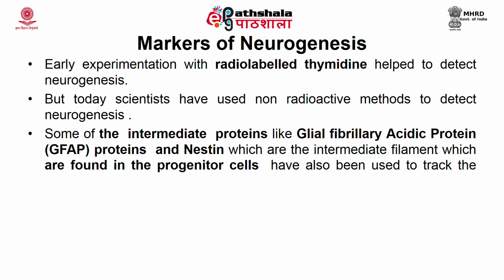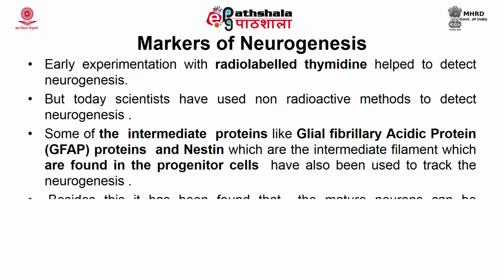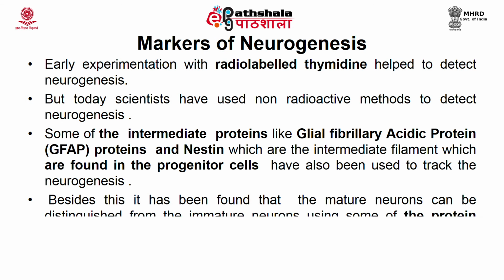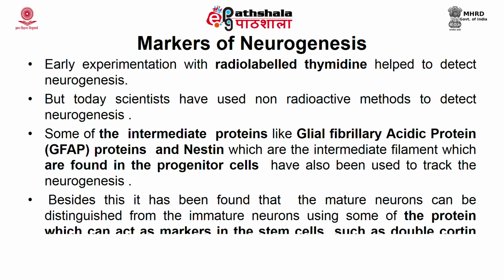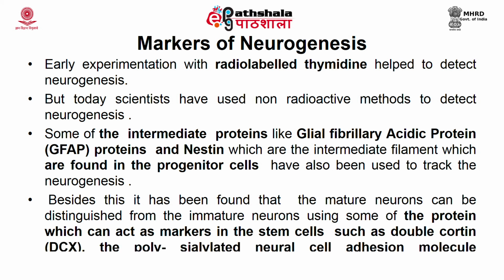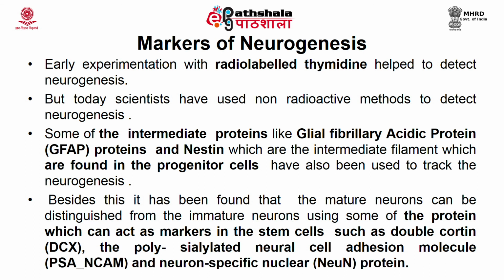These are found in the progenitor cells and therefore, they have been very useful in tracking neurogenesis. Besides this, there are other proteins present on the cell surface such as doublecortin, polysialylated neural cell adhesion molecule, and neuron specific protein, NeuN proteins, which help to identify the neurogenesis.